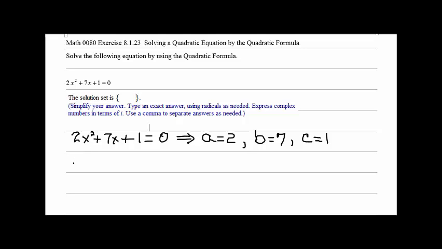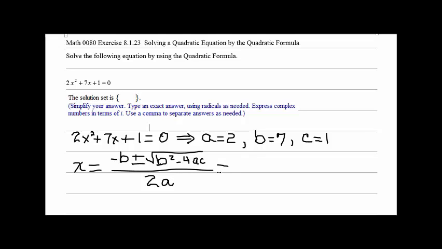So the quadratic formula tells me x equals negative b plus or minus the square root of b squared minus 4ac all over 2 times a.